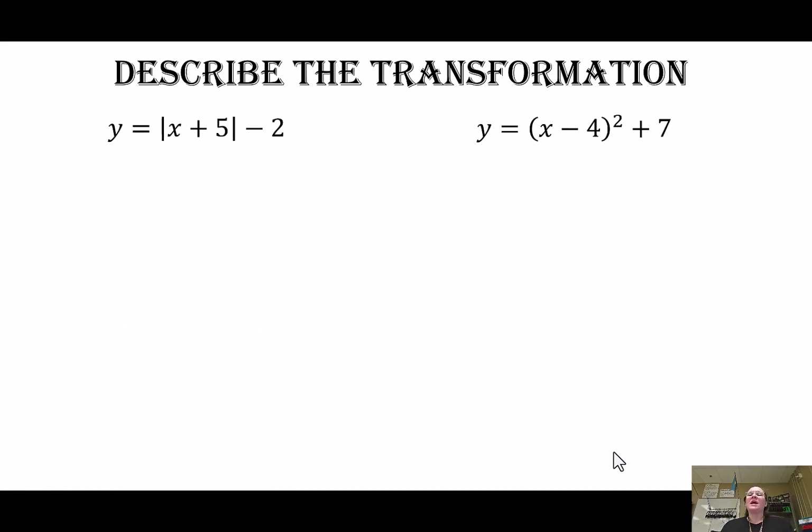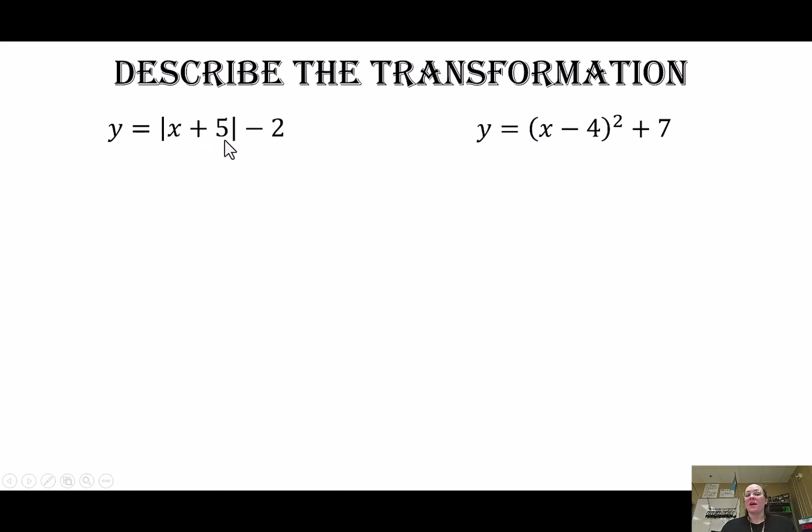All right, let's look at the last couple examples here. Notice I have 2 transformations being done in these equations. And that's fine, it works. We can have that. Y equals the absolute value of x plus 5, minus 2. Let's look at this first one inside the absolute value. What does that tell me I'm doing?